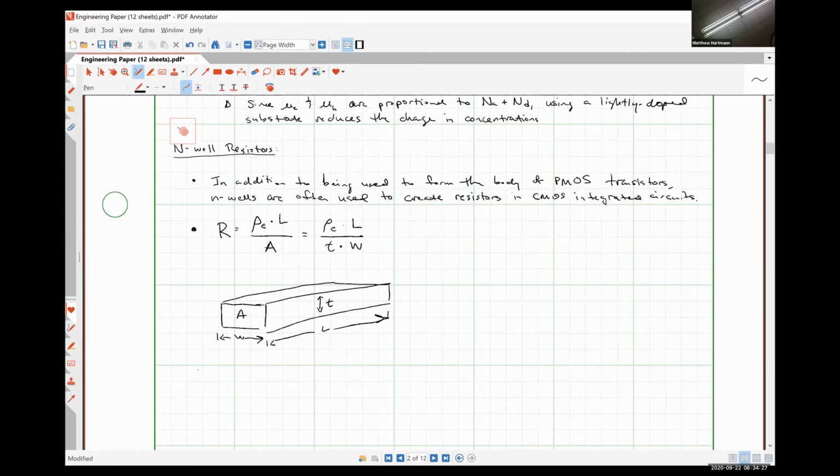All right, so in semiconductor processing, all of the N wells will have the same thickness.